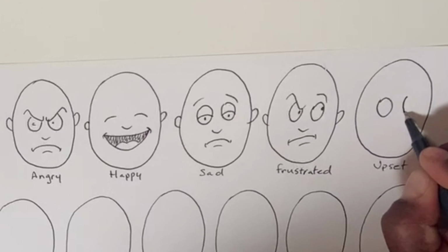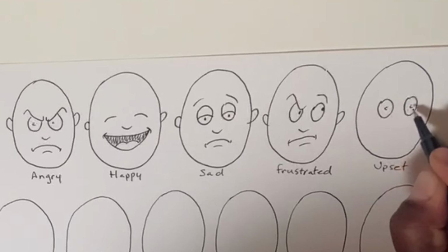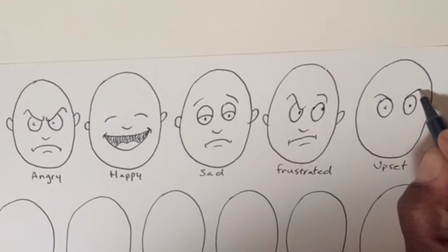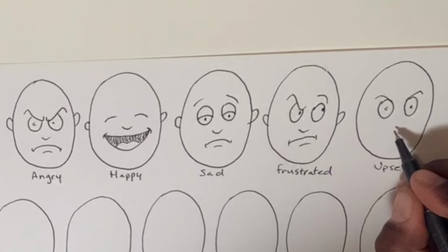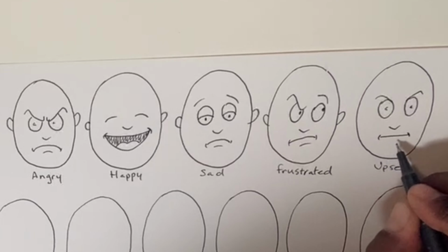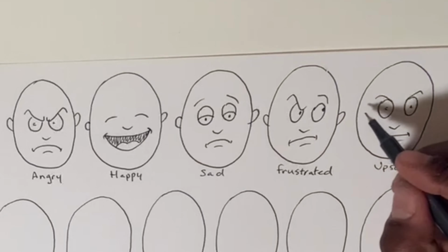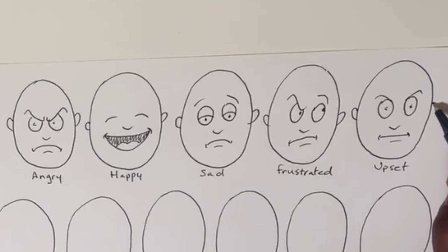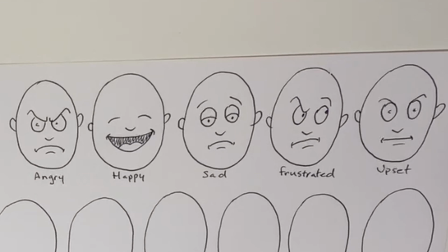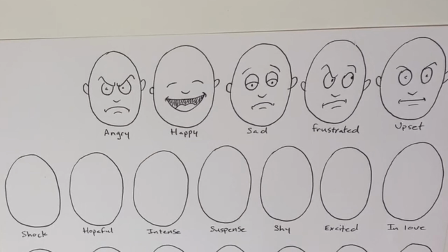And upset, be a little different. Circular eyes. Kind of downward eyebrows, but not as intense as anger. Straight mouth, kind of upset, mixed with insanity. He looks like he's contemplating, all right?